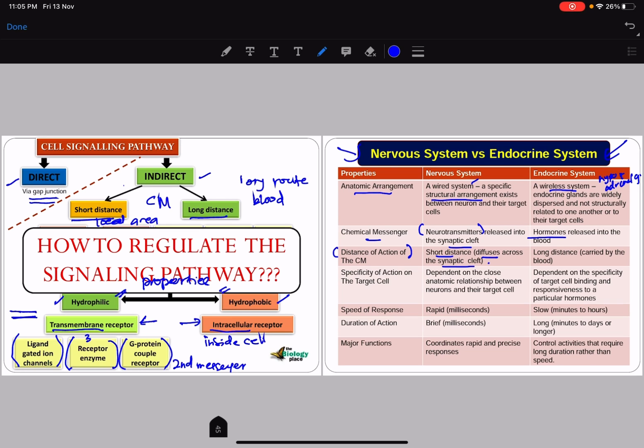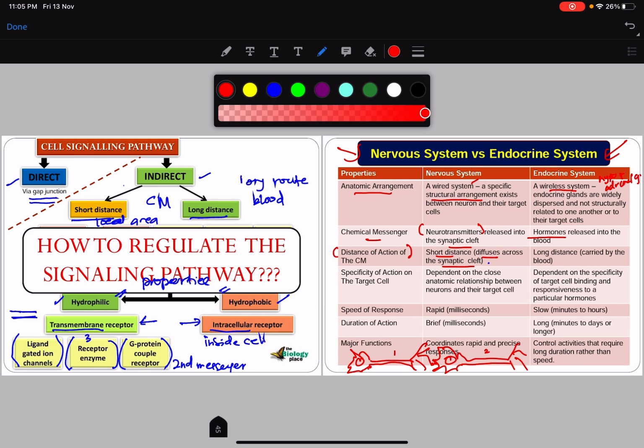From one neuron to another neuron. So number 1 and number 2, the synaptic cleft is between these ends where they communicate. So at the synaptic cleft.